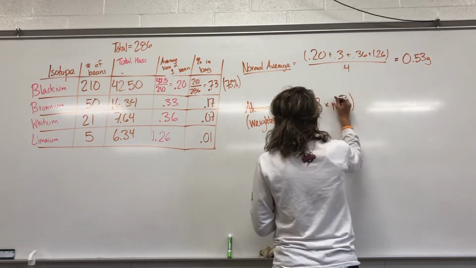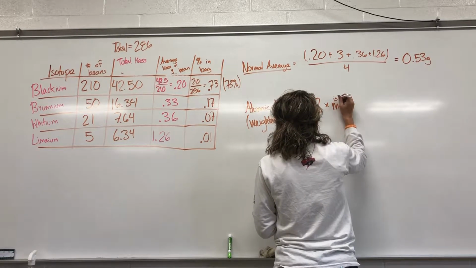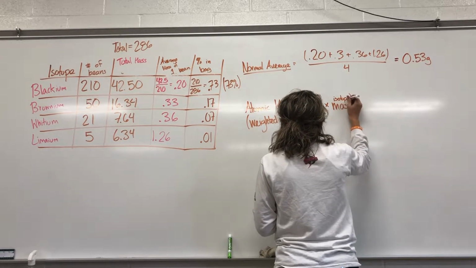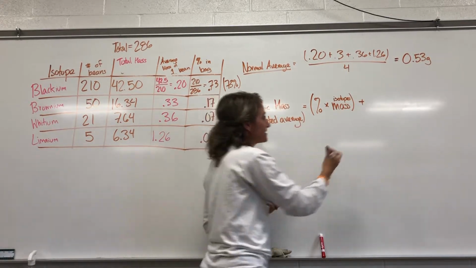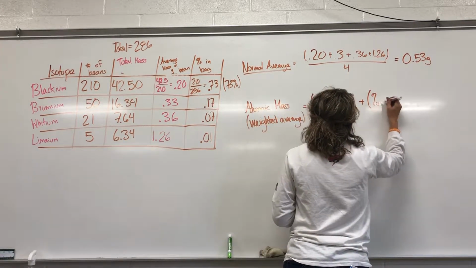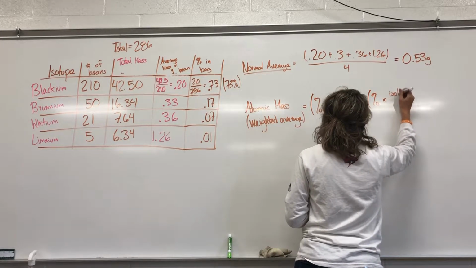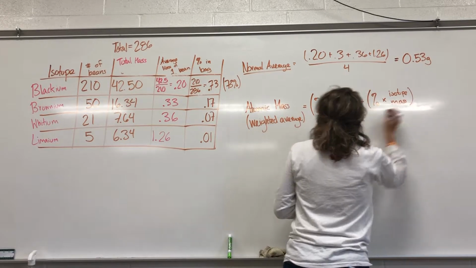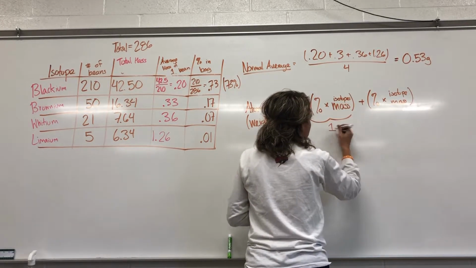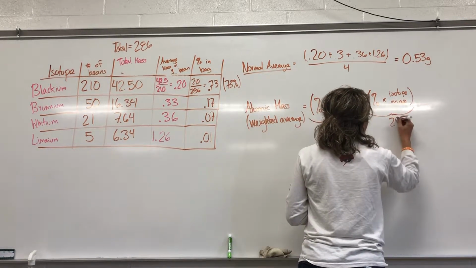and multiply it by the mass of that individual isotope. You can even write isotope's mass. Then plus the percent times isotope mass for the next isotope. So this would be isotope 1. This would be my second isotope.